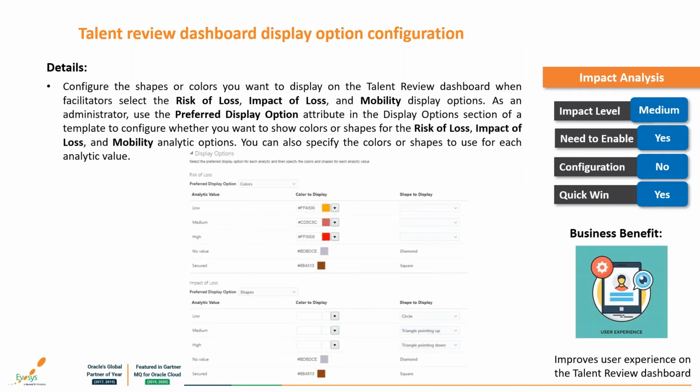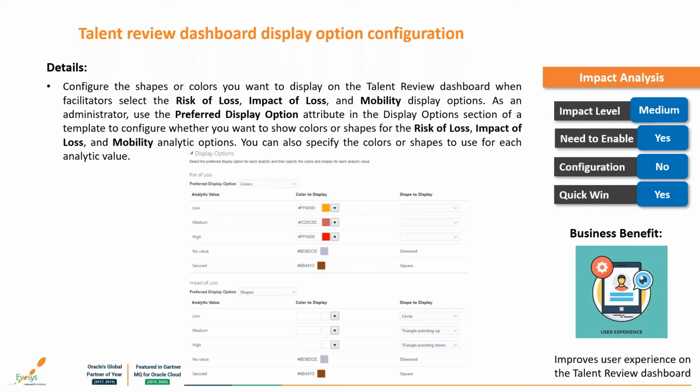Moving to the next one, which is talent review dashboard display option configuration. As an HR administrator, while configuring the talent review dashboard, now you can enable colors and shapes. For example, for analytics options like risk of loss.